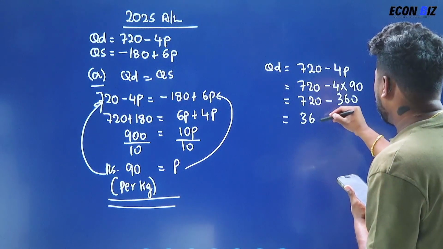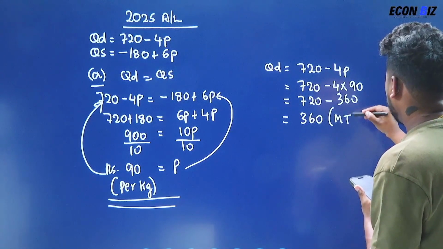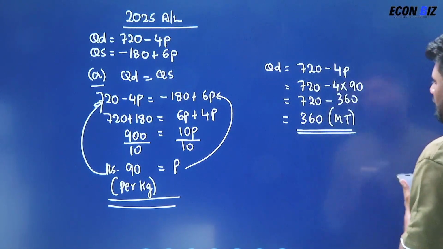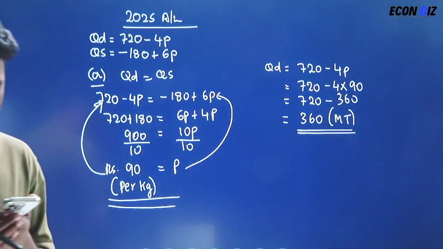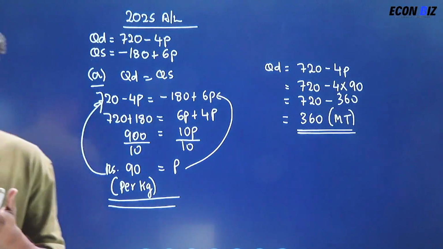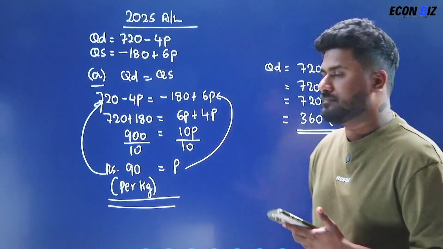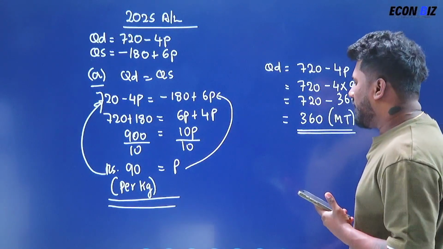So you are getting 360 quantities, and this is in metric tons. So this is the answer you are getting for part A, right? So let's go to part B then.